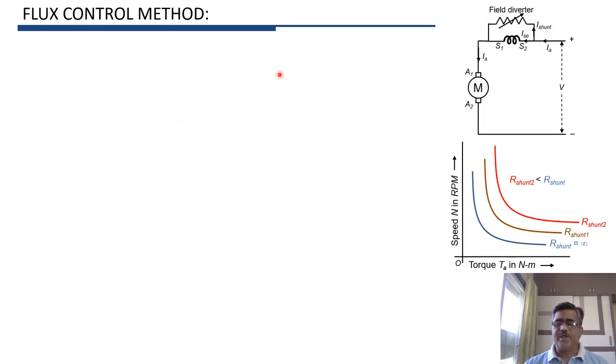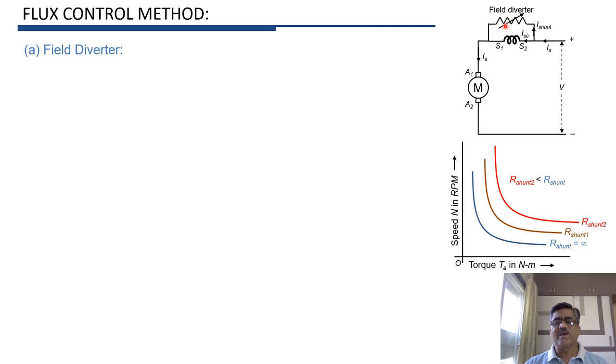Let us now study first method for flux control, that is field diverter. Now this field diverter is nothing but a small variable resistance which is connected in parallel with the field winding.